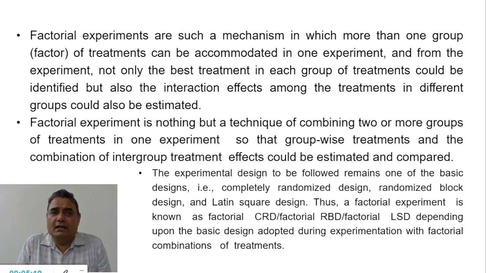So we will make all possible combinations of treatment, and then these combinations can be considered as a single treatment, and then we will adopt either CRD, RBD or LSD depending upon your need.